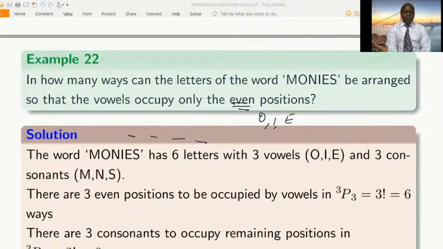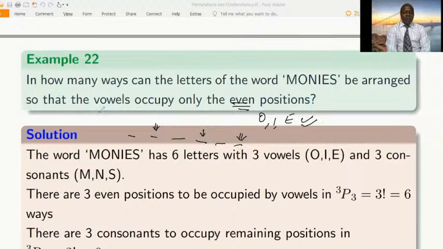So the even positions are this: 1 position, 2, and then 3 positions. So we have 3 even positions to be occupied by 3 vowels.